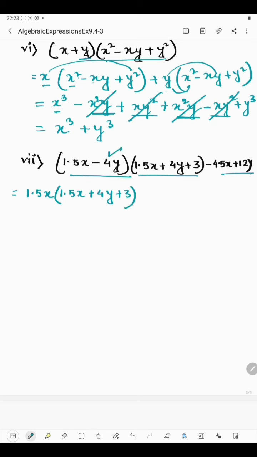Okay, now we'll take the second term of the binomial, which is minus 4y. We will have to take the sign as well. Here with 4y we have minus sign, we'll take minus 4y, and this should be multiplied by the trinomial, which is 1.5x plus 4y plus 3.